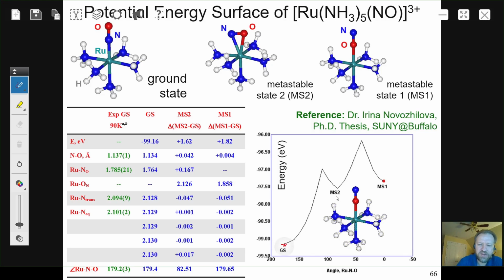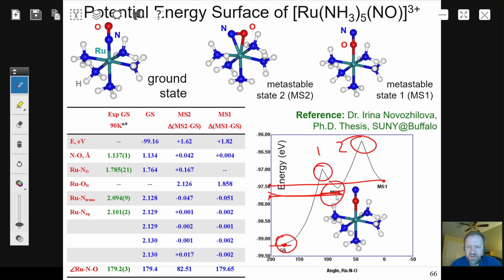And again, just a reminder, this is the energy of ground state. This is the energy of metastable state 2. This is the energy of metastable state 1. And this is where the activated complexes are formed. So in this region number 1, we have activated complex that is formed as your ground state is converted into metastable state 2.